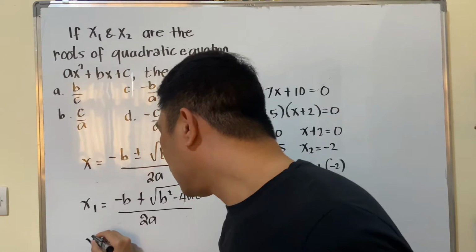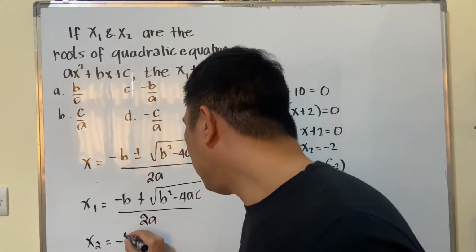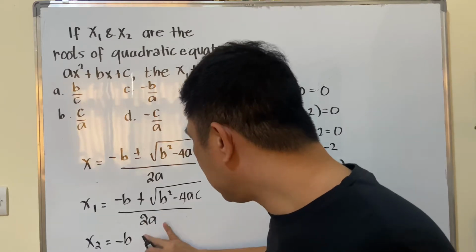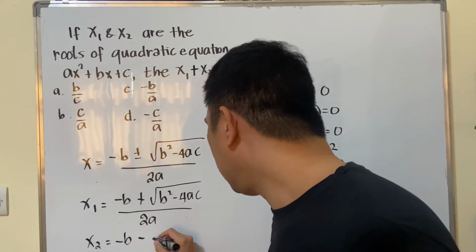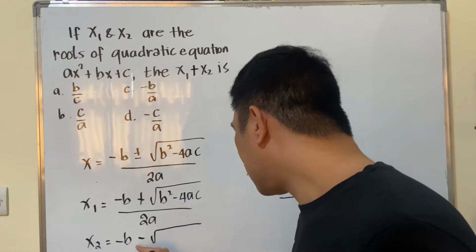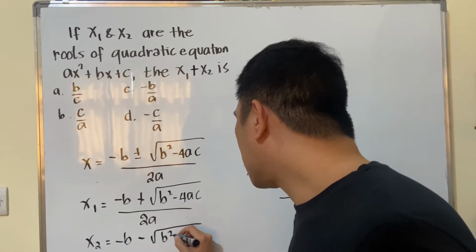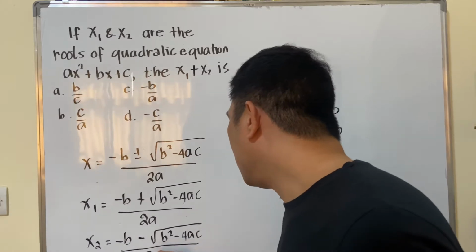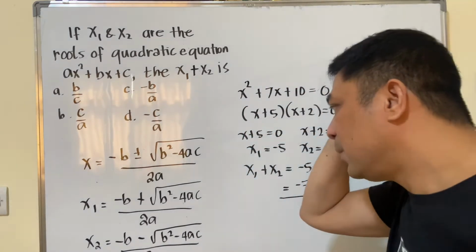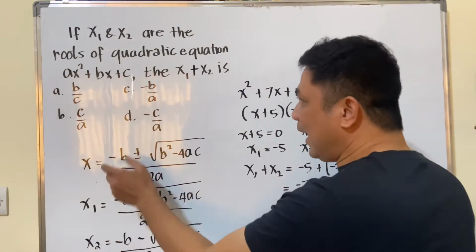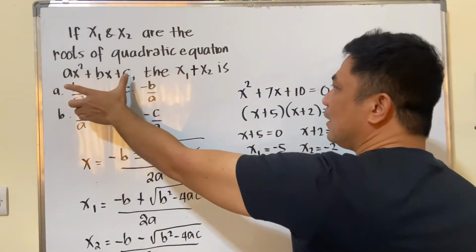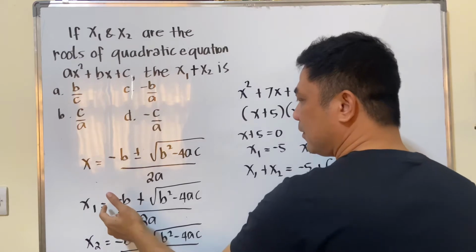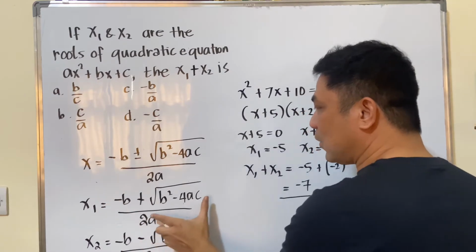And then the second root is negative b, this time minus the square root of b squared minus 4ac over 2a. So these are the two roots of any given quadratic equation. We can get the roots by this quadratic formula.